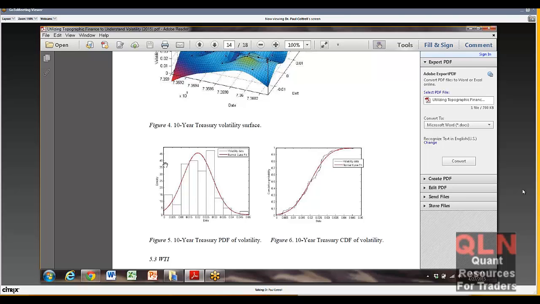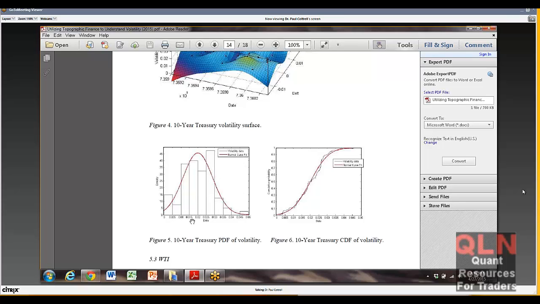So in finance, you normally have that longer tail in kurtosis that you saw in the S&P 500. Well, the bond market, that's not happening. It's actually moving more towards a normal distribution. You can see here that the best curve fitting for this PDF function is actually a normal distribution.